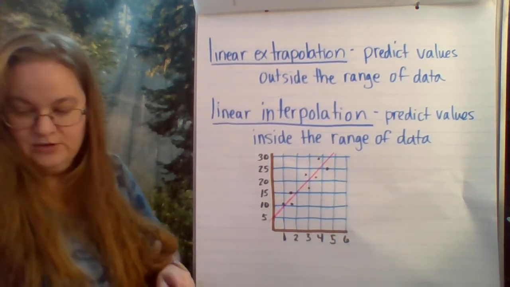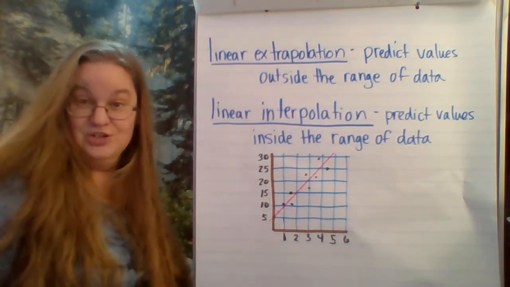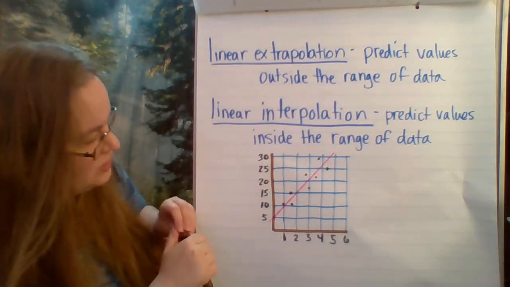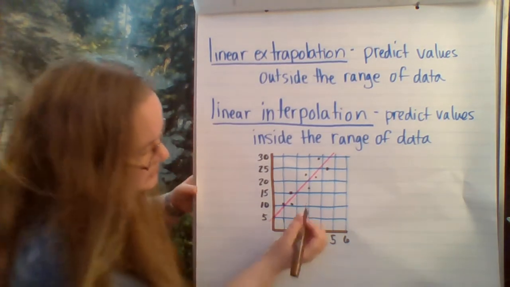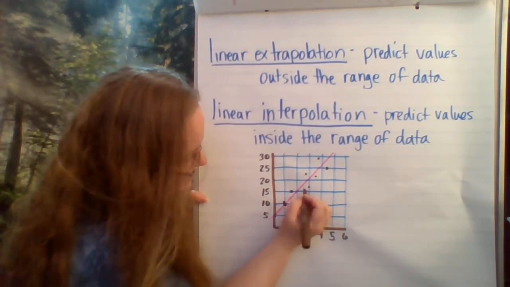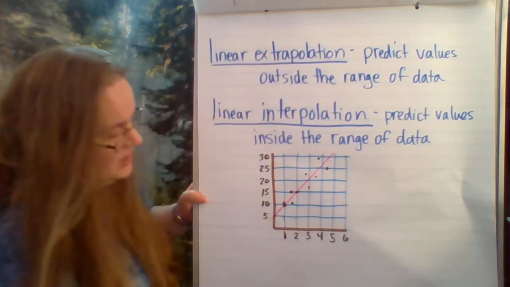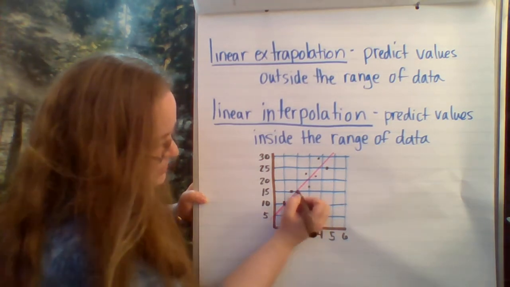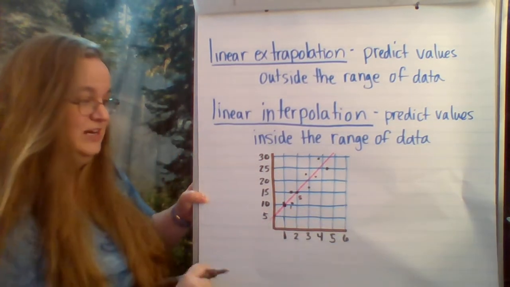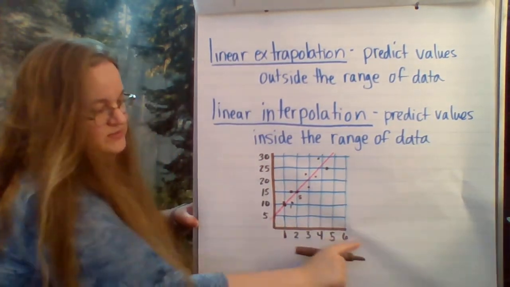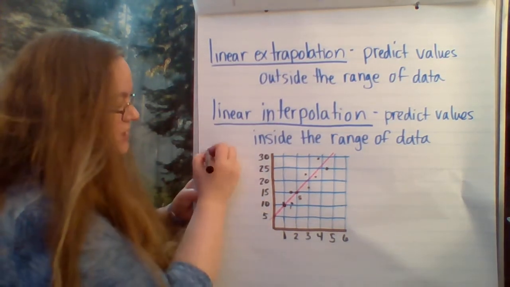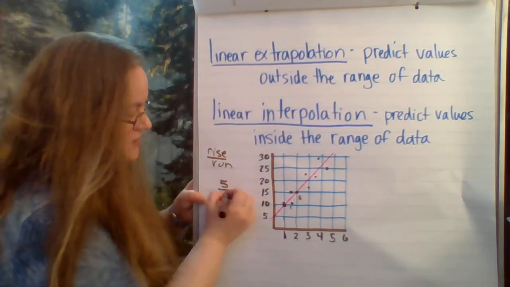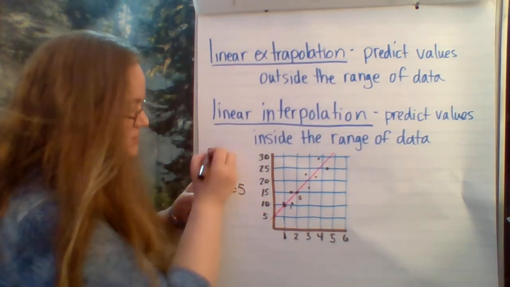So if I were then going to write an equation to represent that, I would want to start by finding the slope. So it looks like my line goes through here and here. It's not 100%, but this would be a change of 1, and this would be a change of 5. Again, these are going up by 5s, and these are 1. So rise over run means that I would have 5 over 1, or 5, for my slope.